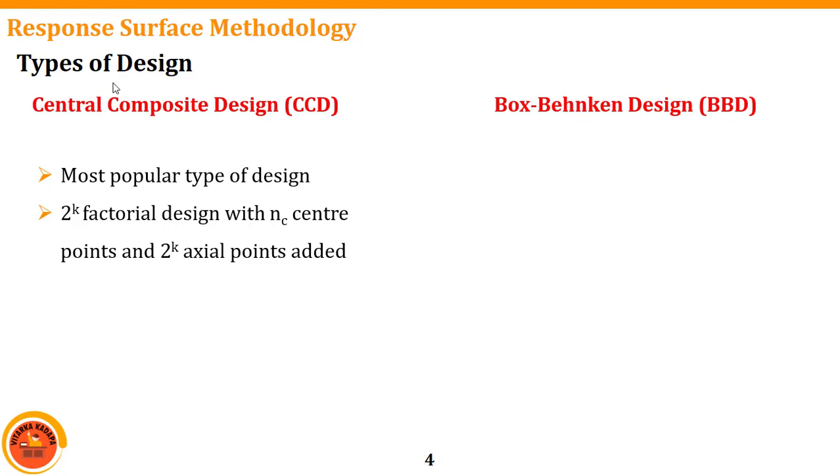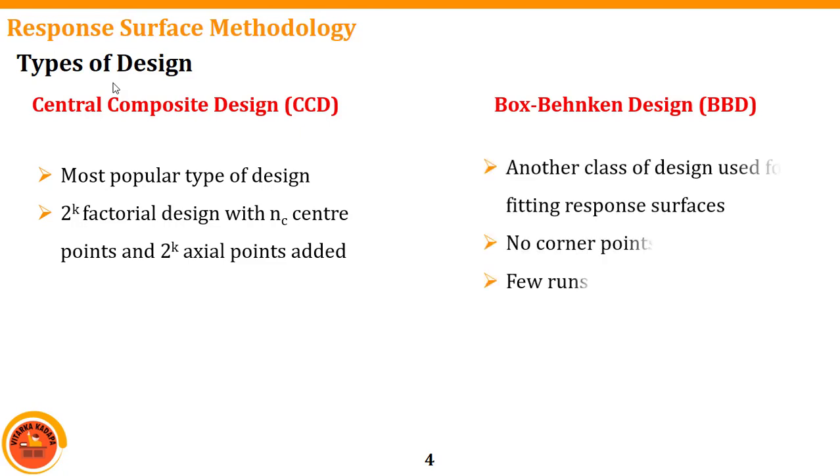That is the thing with the central composite design. Whereas the Box-Behnken design is also one kind of fitting responses. In the previous case we have center and axial points, but here corner points will not be there. The Box-Behnken design can be completed in far fewer runs compared to the central composite design. That is the basic difference.